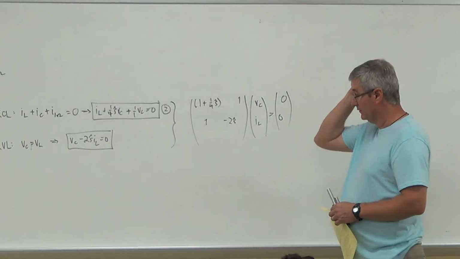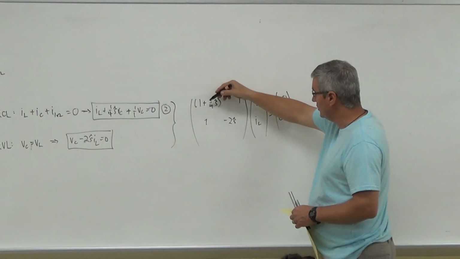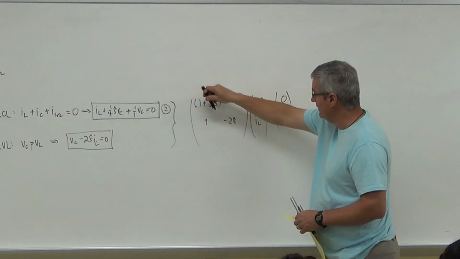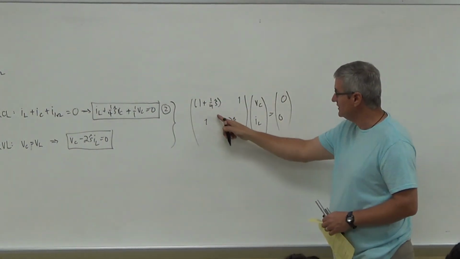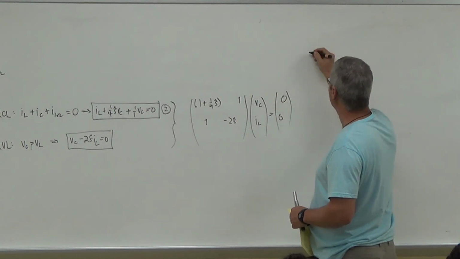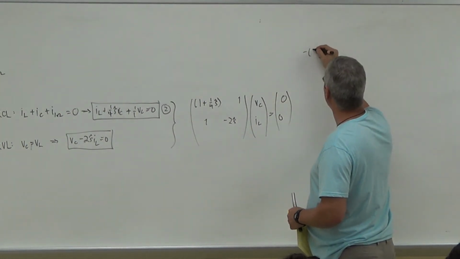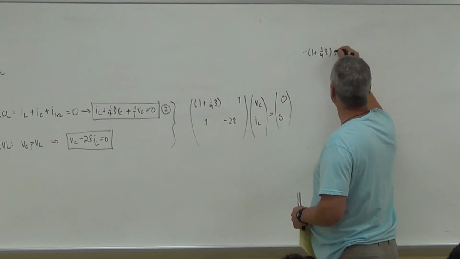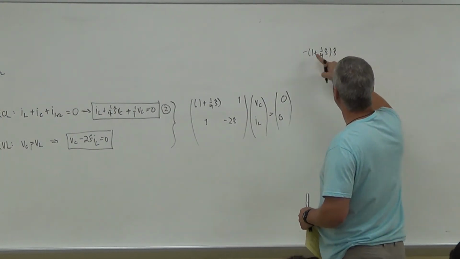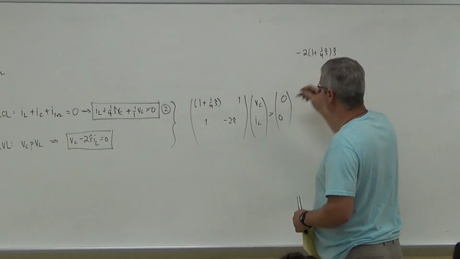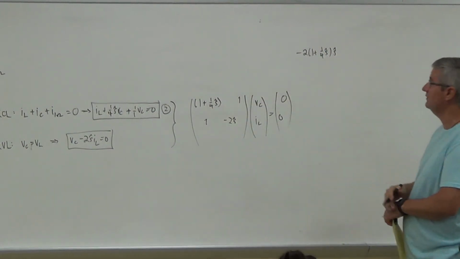So here we go. Now I'm going to cross multiply, right? Positive, negative. This guy gives me a negative, so I'm going to get minus 1 plus a quarter S hat. There's a 2 here, so I'm going to put minus 2. That minus 2, I'll put in front.